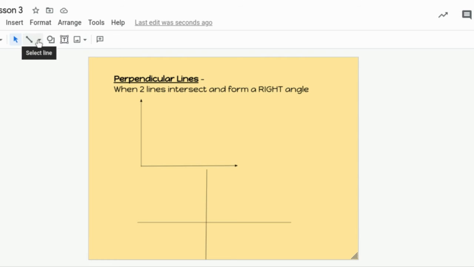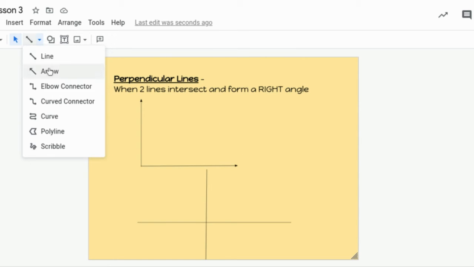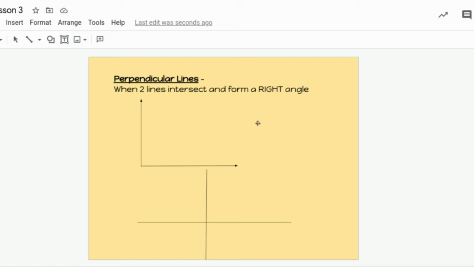Now, contrarily, if I was drawing two lines, and we had this line and this line, let's say they cross right here. They make up four angles: an angle there, an angle there, an angle there, an angle there. Are any of these angles right angles? No, they are not.